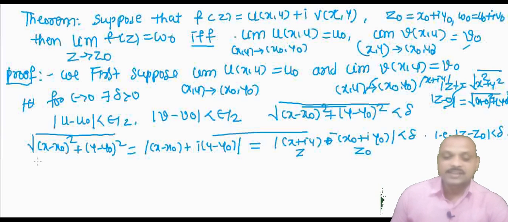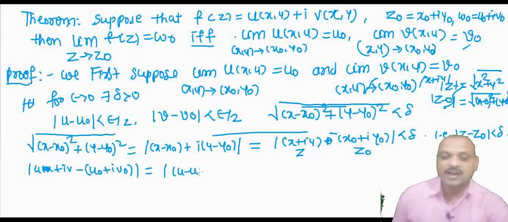Then here you can see that instead of u of x comma y, we directly write u plus iv minus (u0 plus iv0), which is equal to the mod of (u minus u0) plus i into (v minus v0).